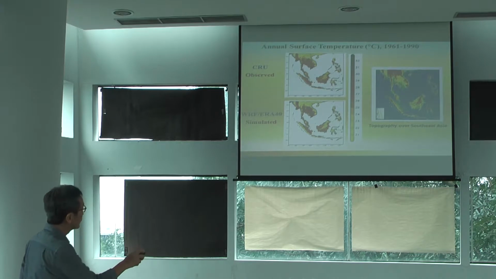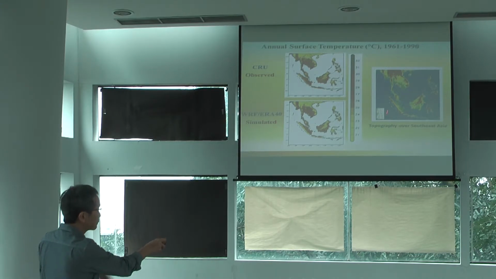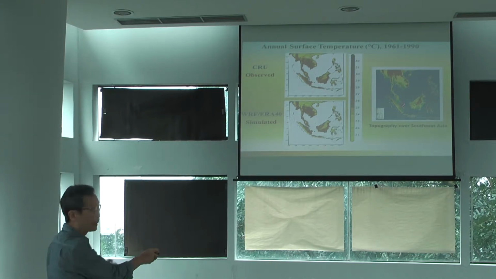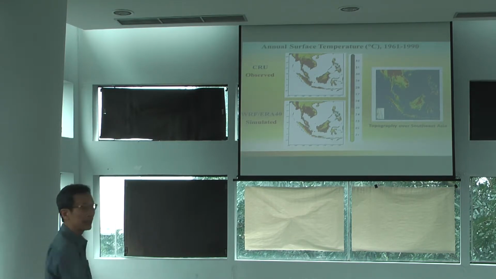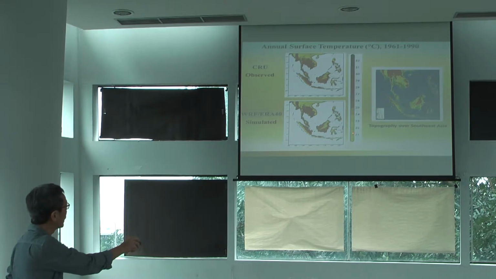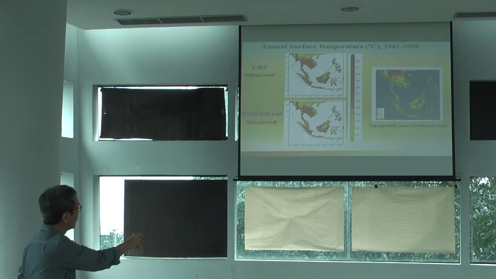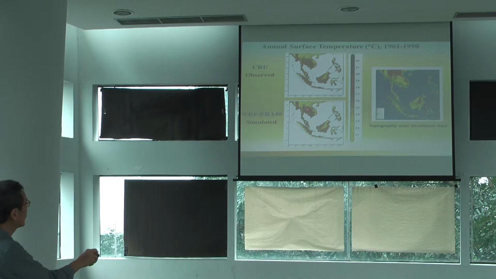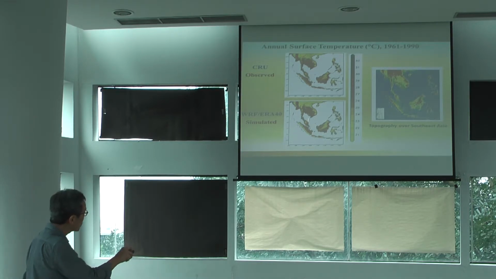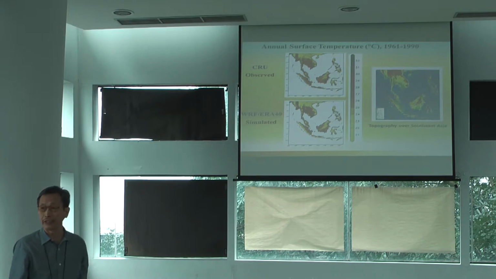Surface temperature is measured 2 meters off the ground. The fact of the matter is that this is the mountain range, high ground, and 2 meters above it the temperature is cooler than this. Yellow color versus red color over here, the yellow color is cooler. So in other words, the downscaling gives an added value.